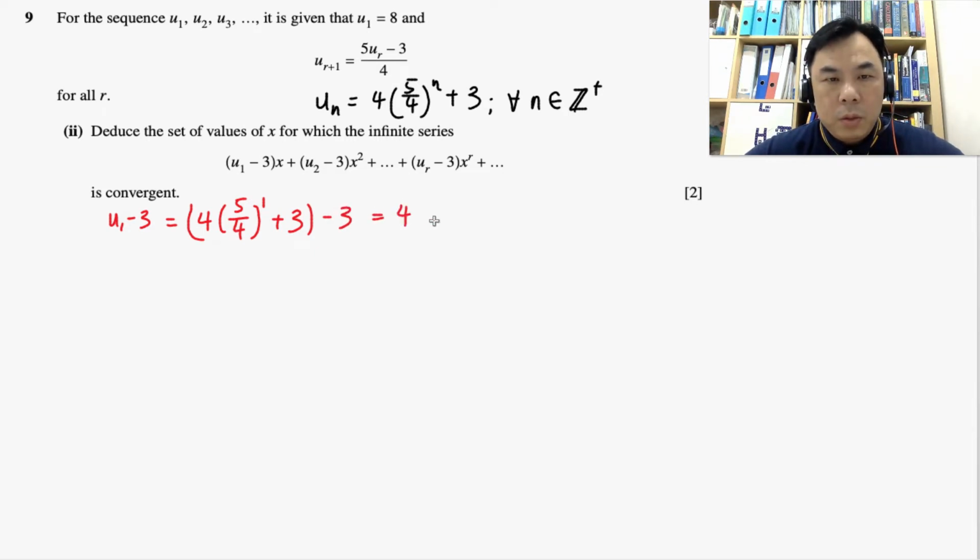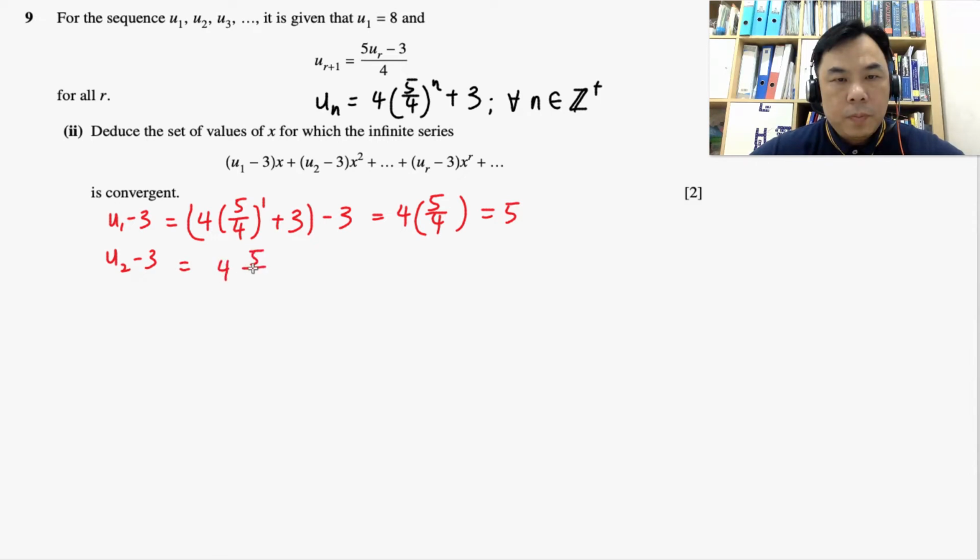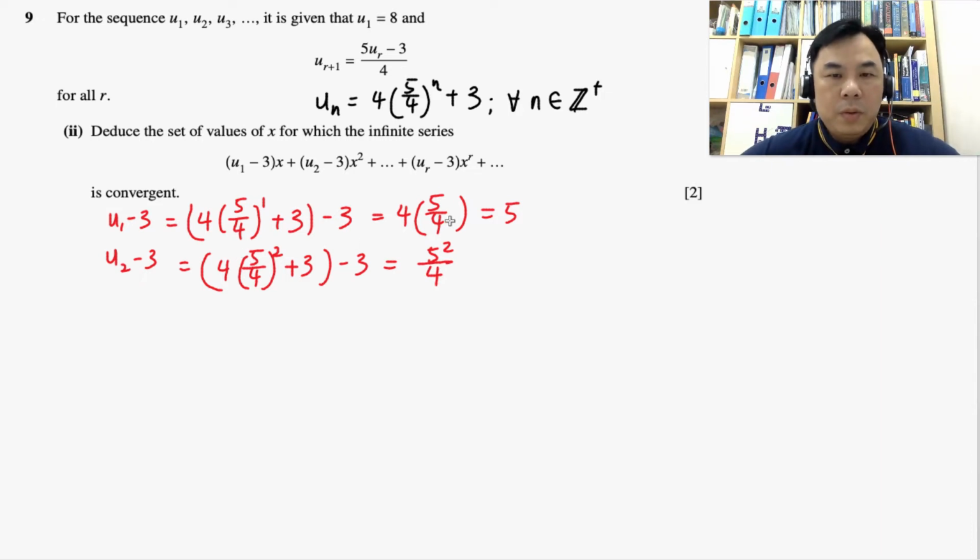Then that will lead us to a 4, 5 over 4, and then that is typically a 5. And then next we're going to proceed on to the second part, u2 minus 3. And then that would actually lead us to 5 squared over 4 after we simplify that.